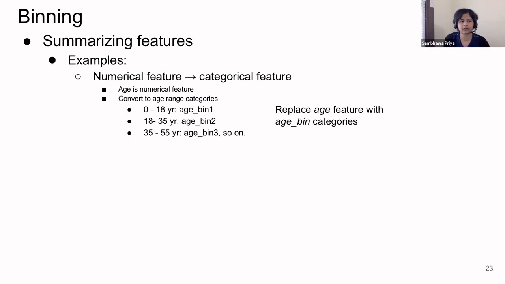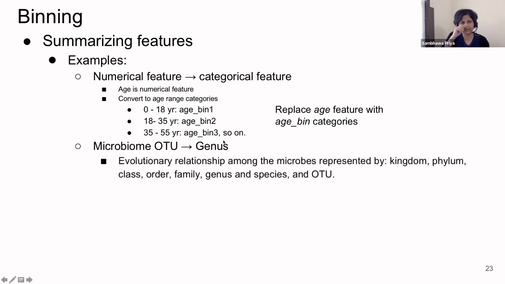Another example of binning could be to transform microbiome features, which are microbial sequences, operational taxonomic units, or OTUs, into genus level. This is basically the evolutionary relationship between the microbes, which is represented by different taxonomic levels. It starts with kingdom, phylum, class, order, family, genus, and species.